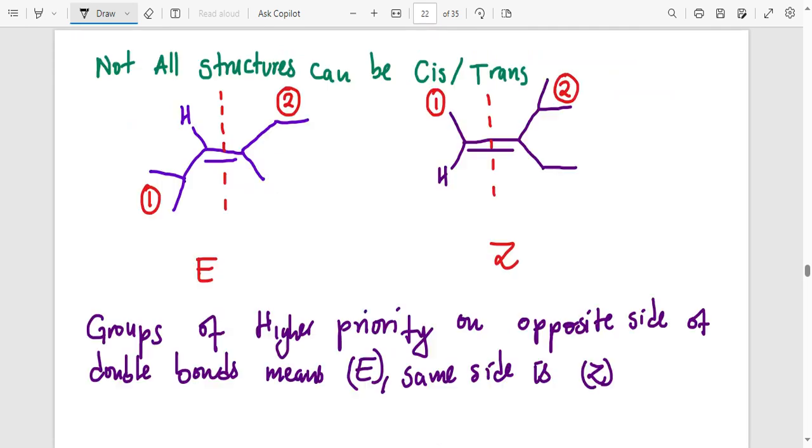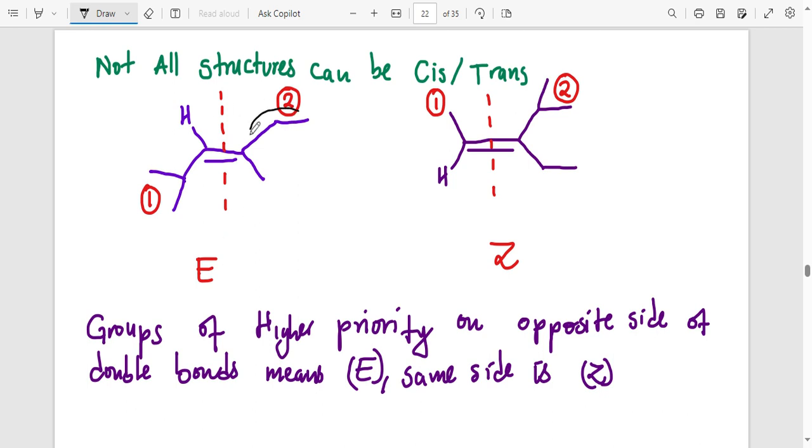Double bonds can also exhibit the EZ configuration. Only double bond, nothing else, only double bonds. Now, EZ configuration, what you do is that you are going to look at where the double bond is, and then try to cut it in the middle.